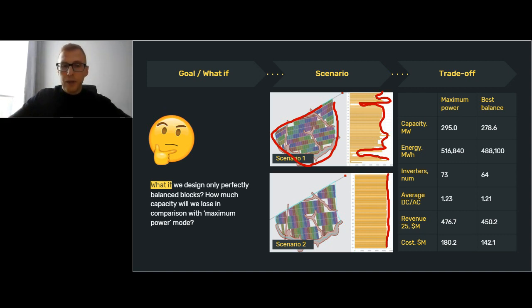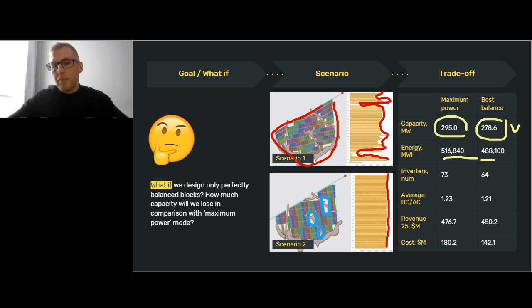But at the same time, we have more space which is not used. We can see this space here, space here. So we got less DC power, and if you check capacity, we have 295 versus 279. So the balanced blocks gave us less power and less energy at the end of the day.